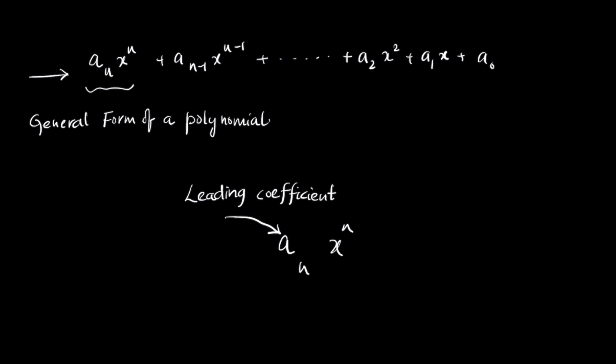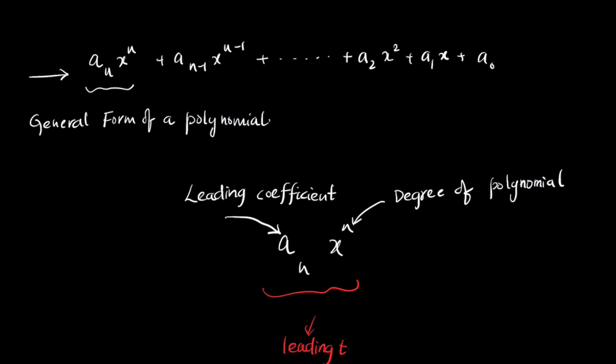And x^n here, the n value represents the degree of the polynomial. And the entire term a_n x^n represents the leading term. So this here is an example of how to understand the polynomial.